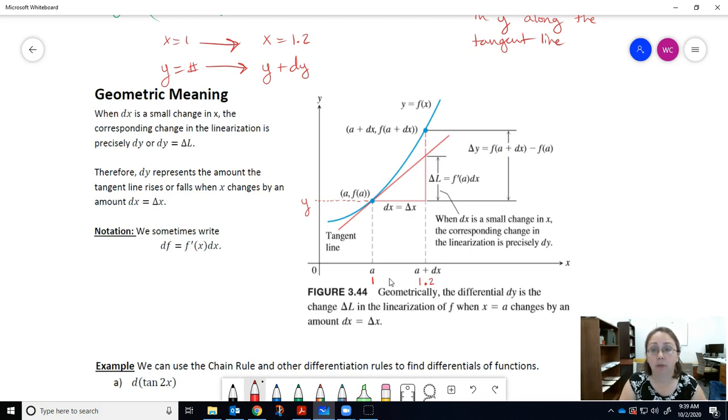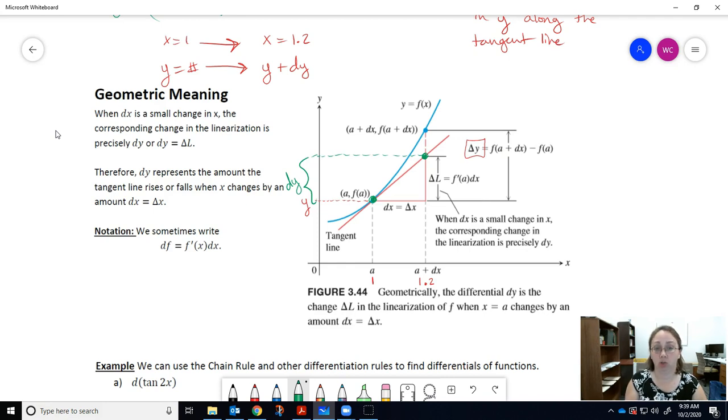Along the curve would be delta y. That's the actual change in the function. What we have found is the change along the tangent line. So if we go from our point, we change by dx, we get to this point on the tangent line. So if I go over here, this distance here is the dy.